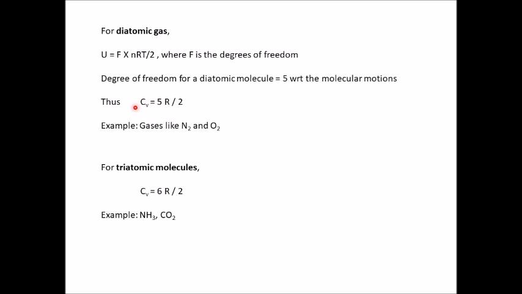So we have here Cv is equal to 5R by 2. Gases, for example N2 and O2, have Cv at 5R by 2. Similarly, for triatomic molecules, the degree of freedom is 6, and so Cv becomes equal to 6R by 2, and examples of such gases are NH3 and CO2.